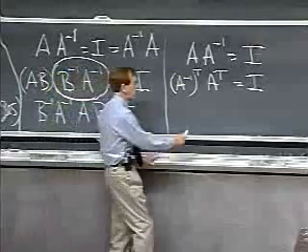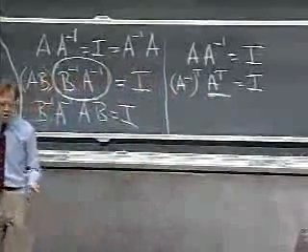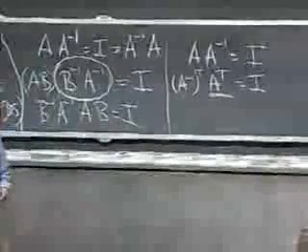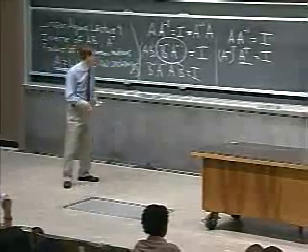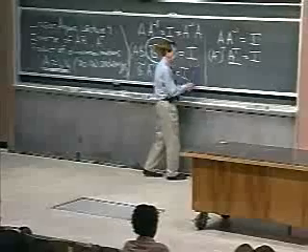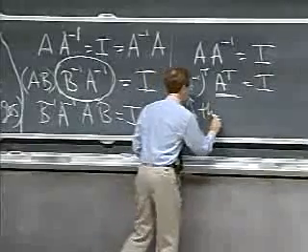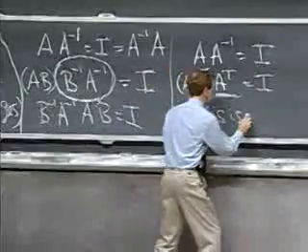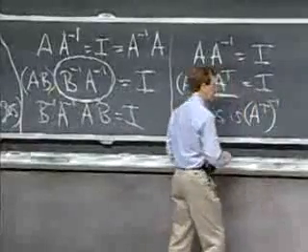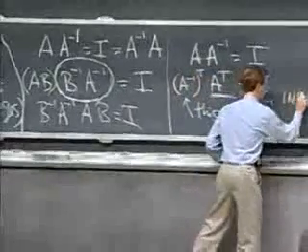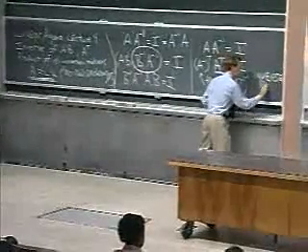Namely, what is the inverse of A transpose? If I transpose a matrix, what's the inverse of the result? This equation tells me that here it is. This is the inverse of A transpose.